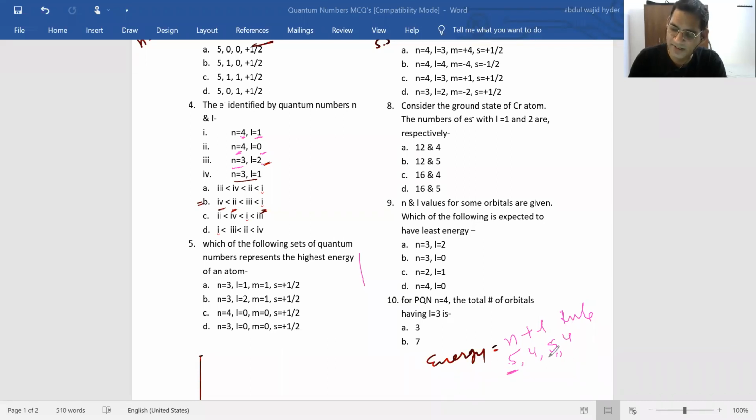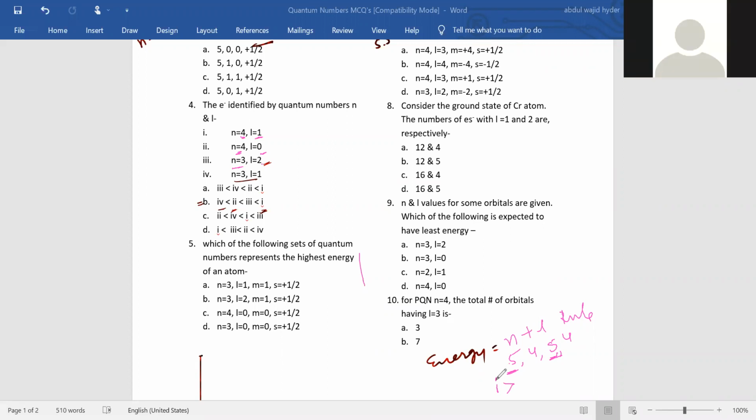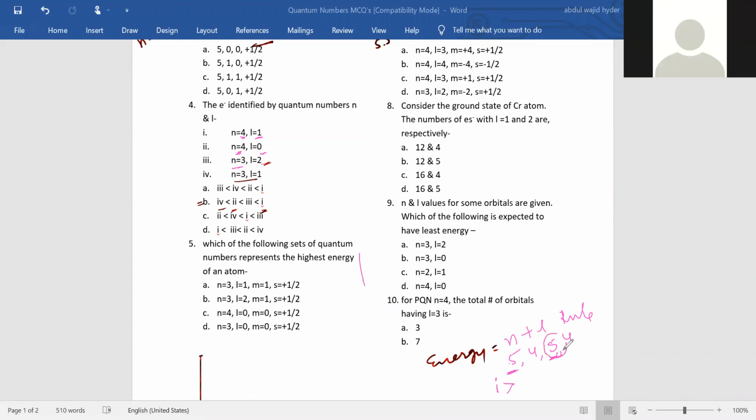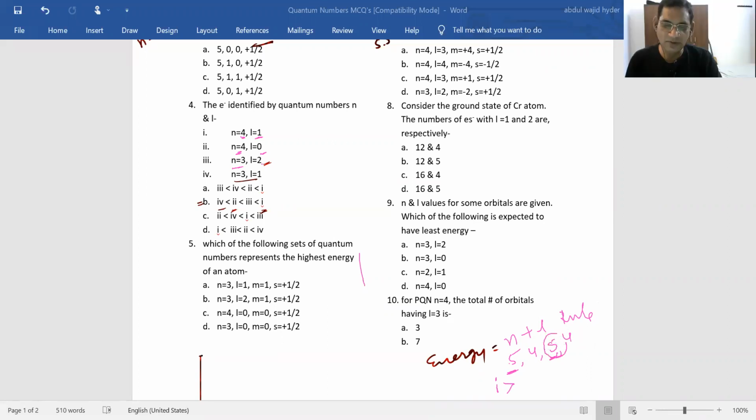See here, these two are having the same values. Which one is having the higher n value? The first one is having the higher n value, so it will be having the highest energy. Whether it is 4p or 5p, whatever it is, just see the n plus L value. Now this fifth one is 3 plus 2, so the third will be lesser than the first.